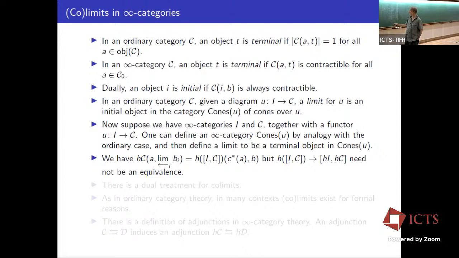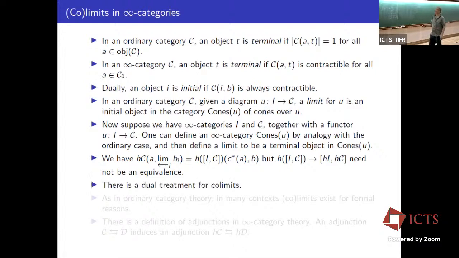Or you could consider the category of functors from the homotopy category of I to the homotopy category of C. There's a functor from this one to this one, but it's not necessarily an equivalence. This is the point that might cause confusion and difficulty, but as long as we remember to work in the right categories, this is how we basically work with inverse limits.